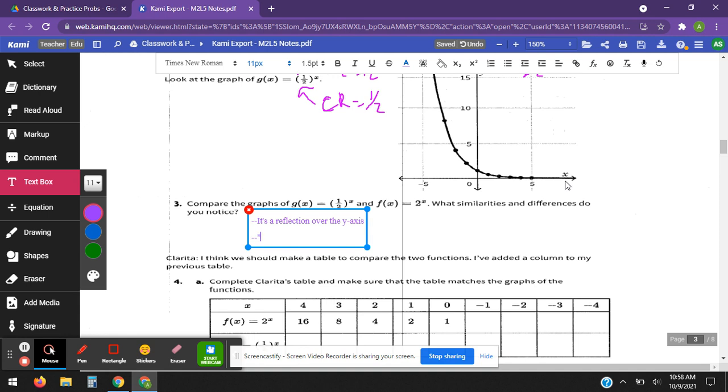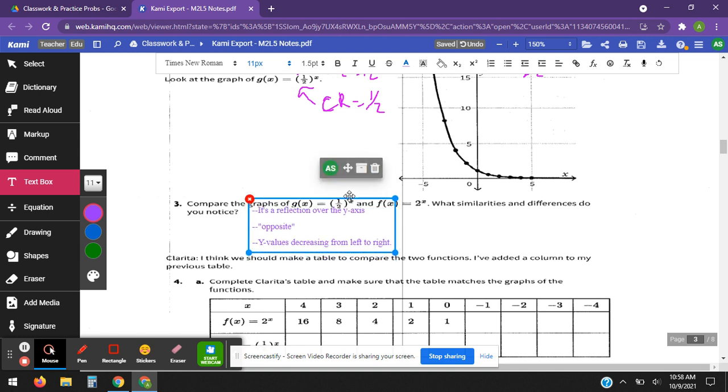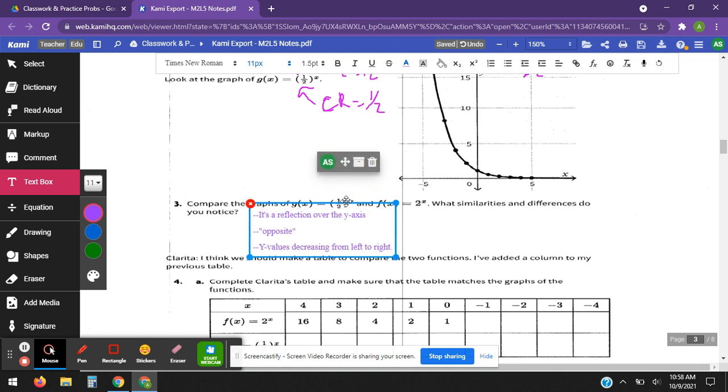So you might say it's kind of an opposite. And I'm going to put on that decreasing y values, decreasing from left to right. Okay, those are some things we can see on this guy, kind of the difference.